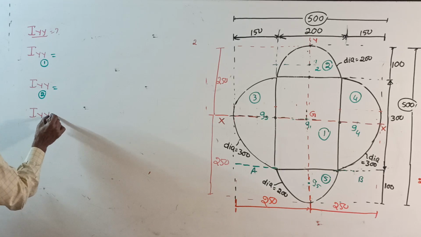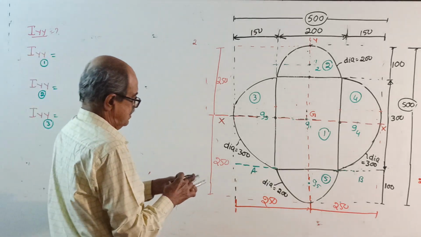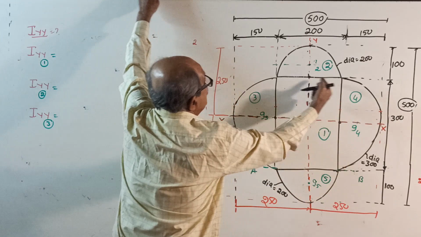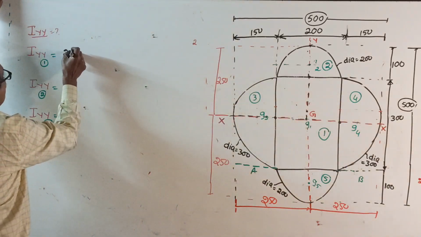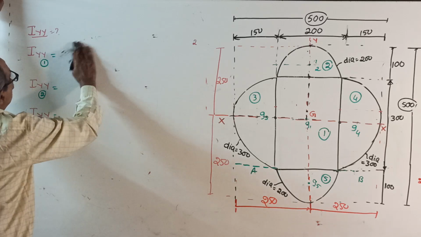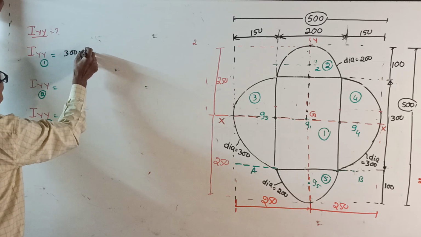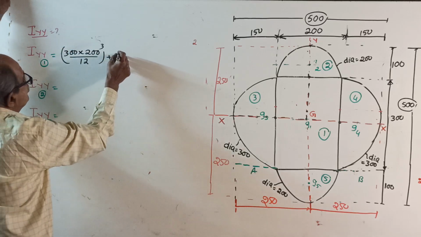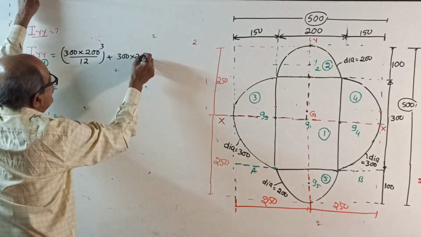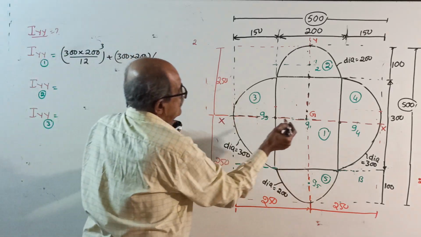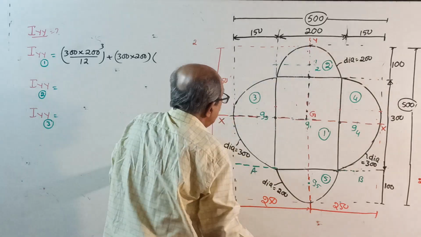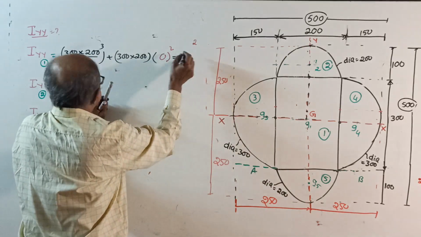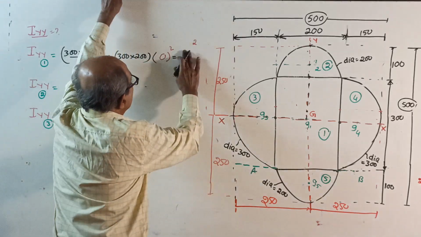IYY for 1: first, about its own centroidal axis, 300 into 200 cube divided by 12, that is IG, plus 300 into 200 is the area, into the distance. Centroid G1 lies on YY also, so 0 square. Okay, write the answer.